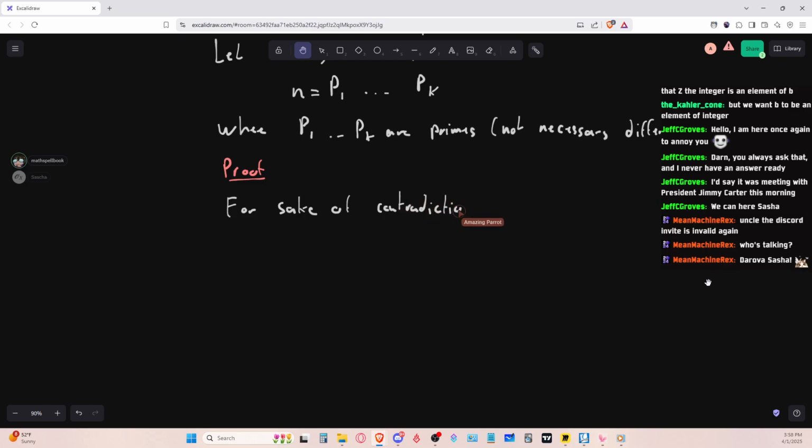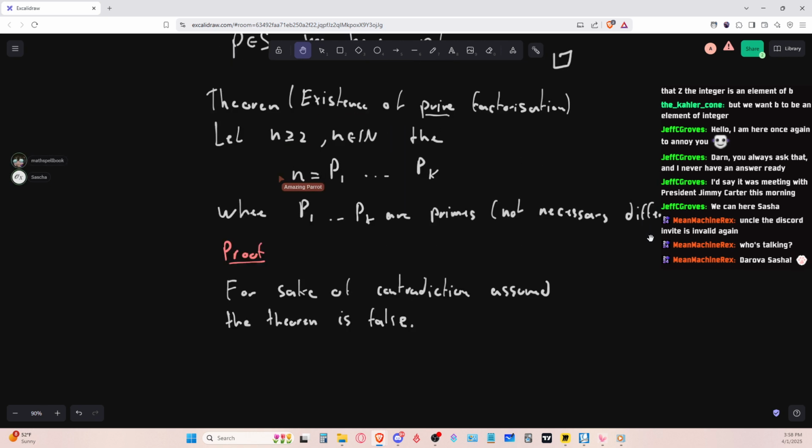For the sake of contradiction, I assume the theorem is false. And now we want to establish a contradiction. So here we have to do some mental gymnastics about what it means for the theorem to be false here. Okay.